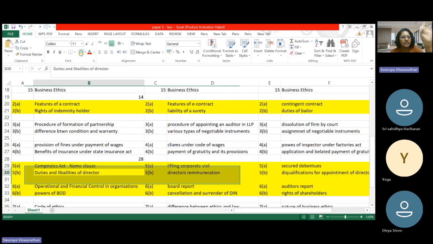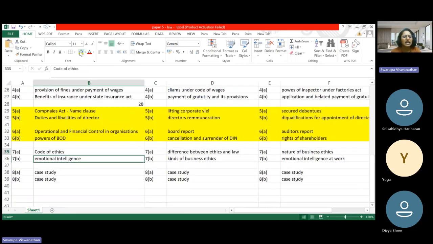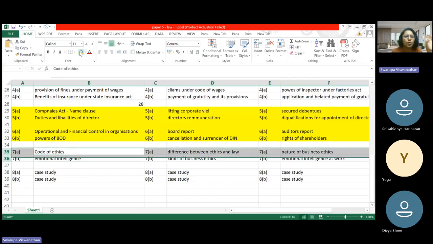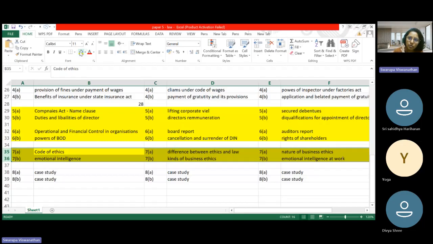Then ethics: 100% there will be a question on ethics, and ethics is the scoring part of this law paper. Never think that ethics is something I can take lightly and write something on my own. No. For ethics, you need to go through the study material and remember the pointers and the subheadings.